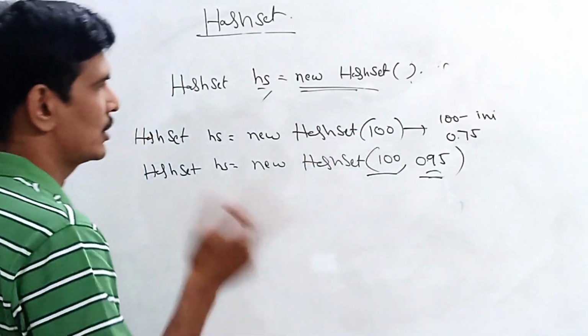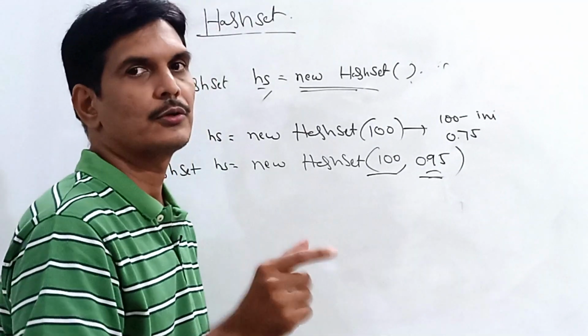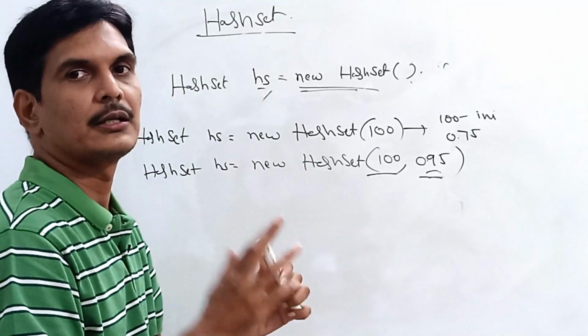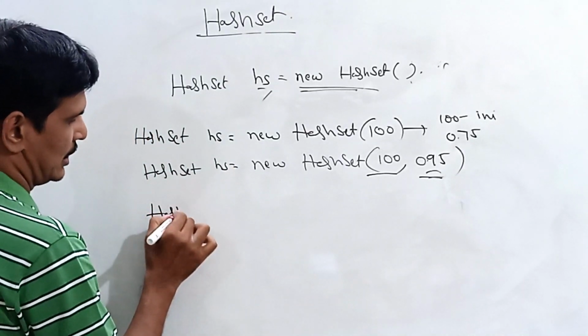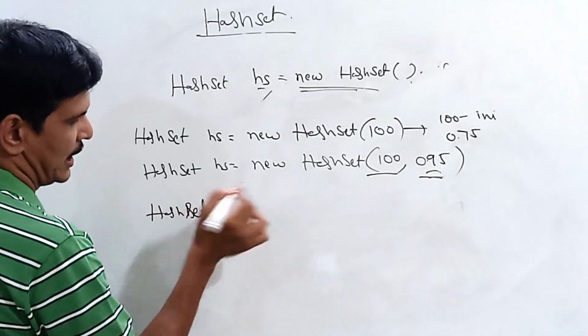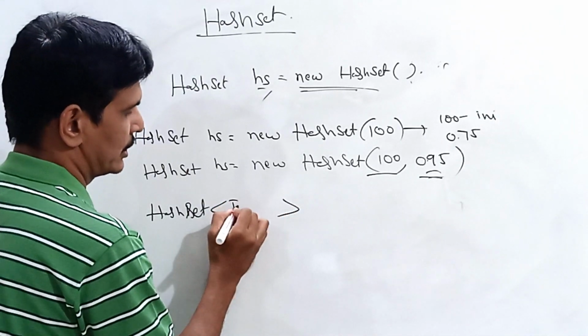We have already seen that a hash set will accept heterogeneous data. Suppose you want to restrict it to a specific type of data or object; we can still restrict that. For that I can say HashSet, and in the angle brackets we have to specify what type of data we want to store.